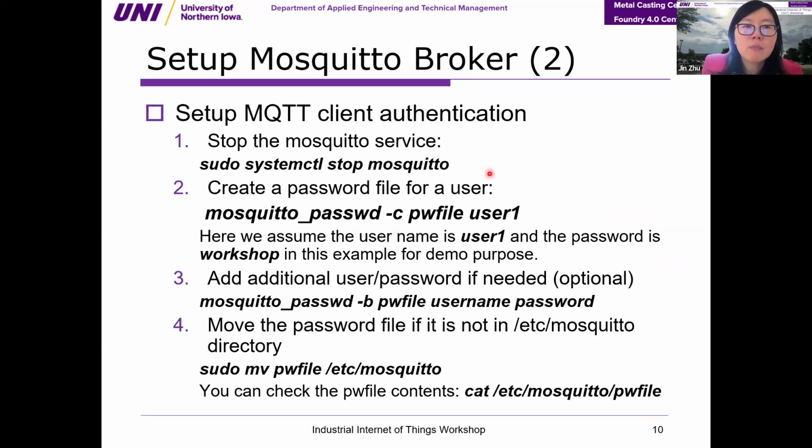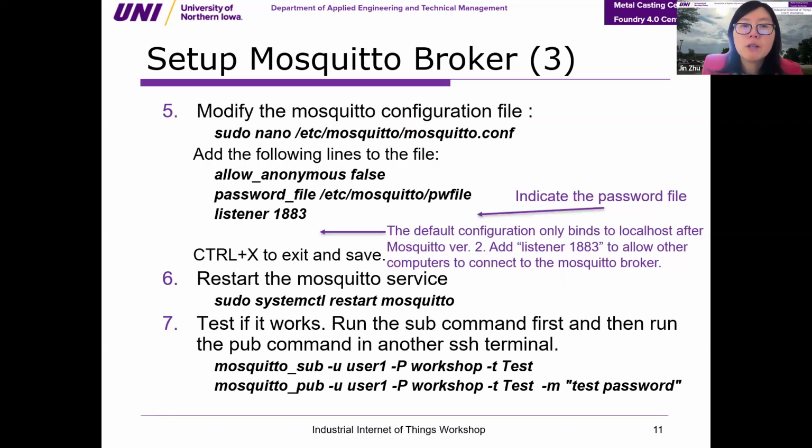So you're going to stop the Mosquitto service, the broker, first and then restart. Once you restart the Mosquitto service, it is going to implement the updated configuration file. Then later on, you can test if it works.